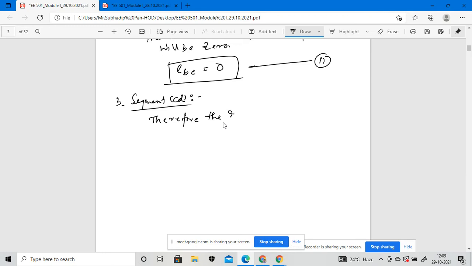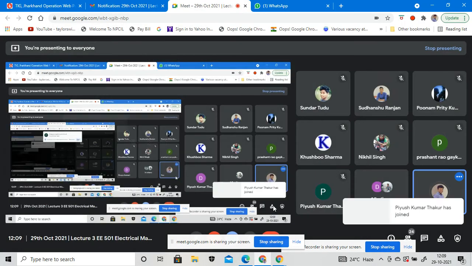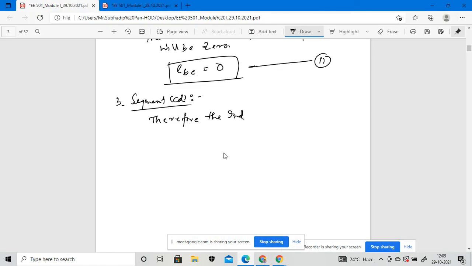Therefore the induced voltage for the segment CD, or DC, whatever it is, of the wire is how much?